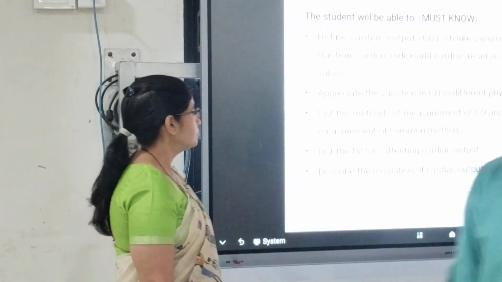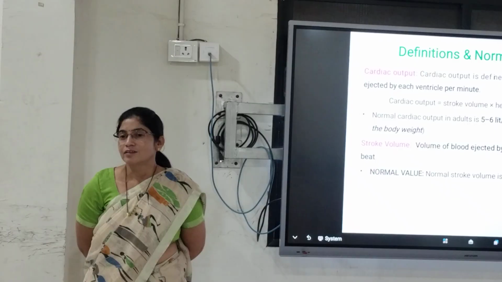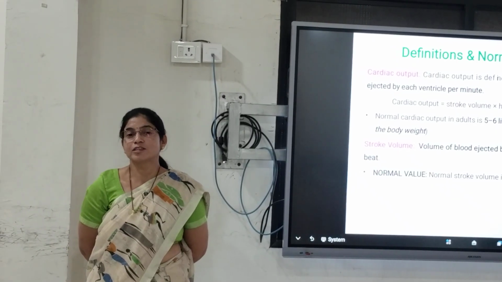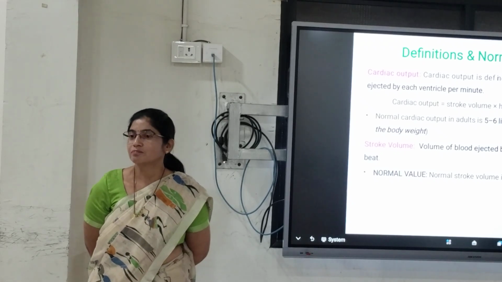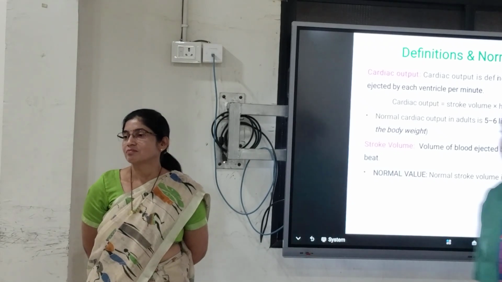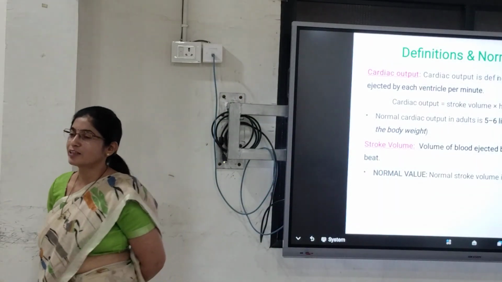So this is the proper functioning of the heart. How will you define stroke volume and cardiac output? The amount of blood that is pumped in each beat is called the stroke volume.